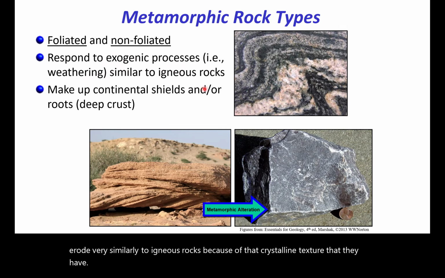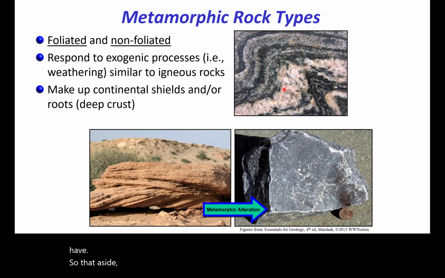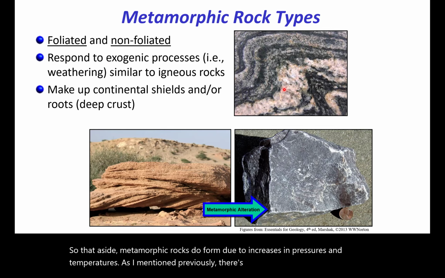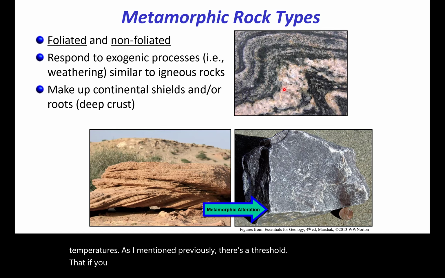So that aside, metamorphic rocks do form due to increases in pressures and temperatures. As I mentioned previously, there's a threshold, that if you go over that heat threshold, you're no longer looking at metamorphic rocks, but that elevated temperature is what creates the metamorphic rocks themselves.